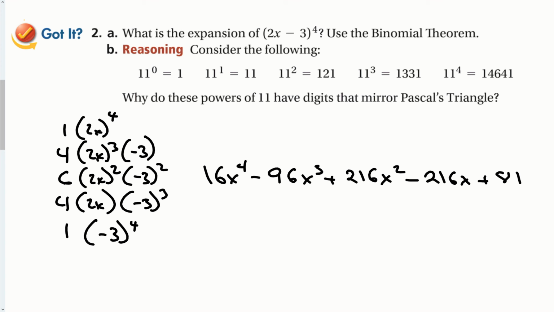Weird thing that happens, right? Look at the different powers of 11, and you can see that they sort of mirror the coefficients in Pascal's triangle. Weird thing that happens, it doesn't actually keep working. 11 to the fifth power is not 1, 5, 10, 10, 5, 1, because now we have some tens in there, so that really messes up.